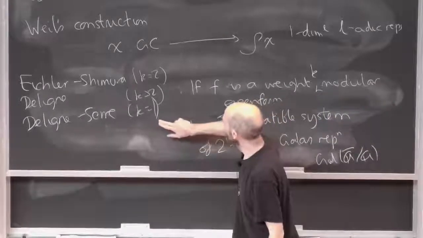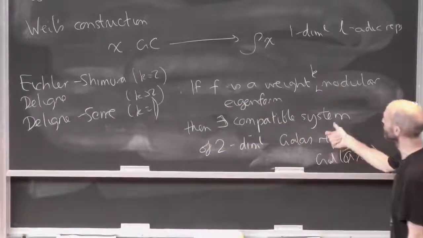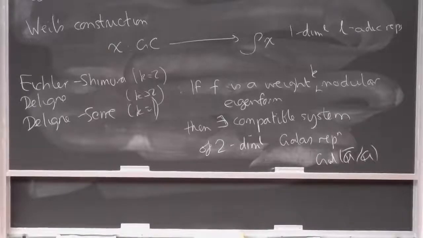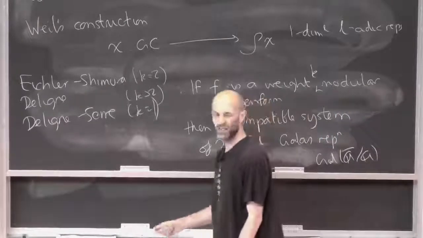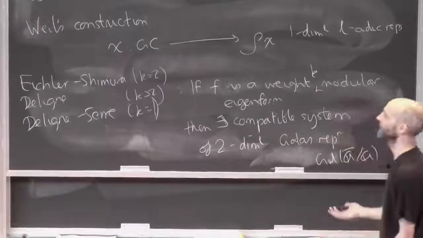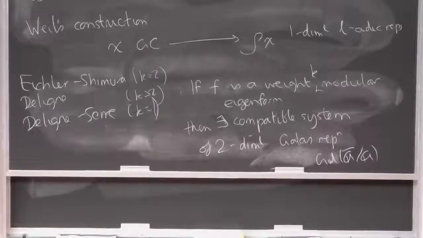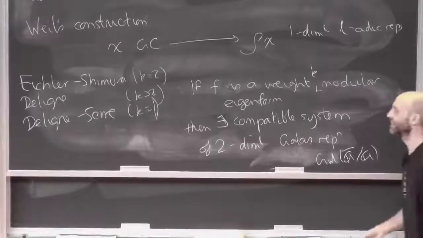Do you remember there are two kinds of compatible systems of l-adic Galois representations. There's genuinely non-trivial ones, like the cyclotomic character, and then there are these bogus ones, where you just have a finite order Dirichlet character, and it takes values in GL1 of some finite extension of Q, and you just embed that finite extension of Q into the l-adic numbers for all l and say there's a compatible system. So there are these bogus ones which have really got finite image and are a system of l-adic representations, all of which are the same in some sense.